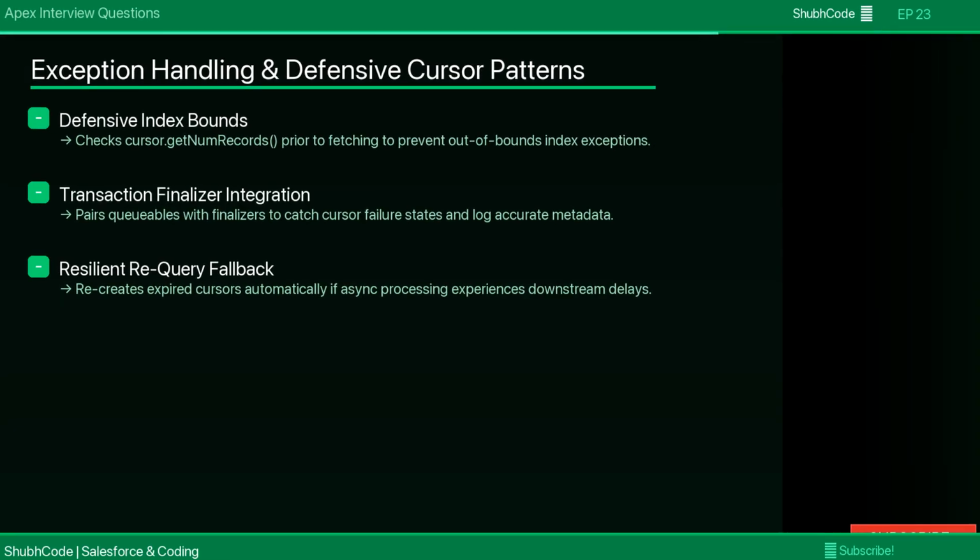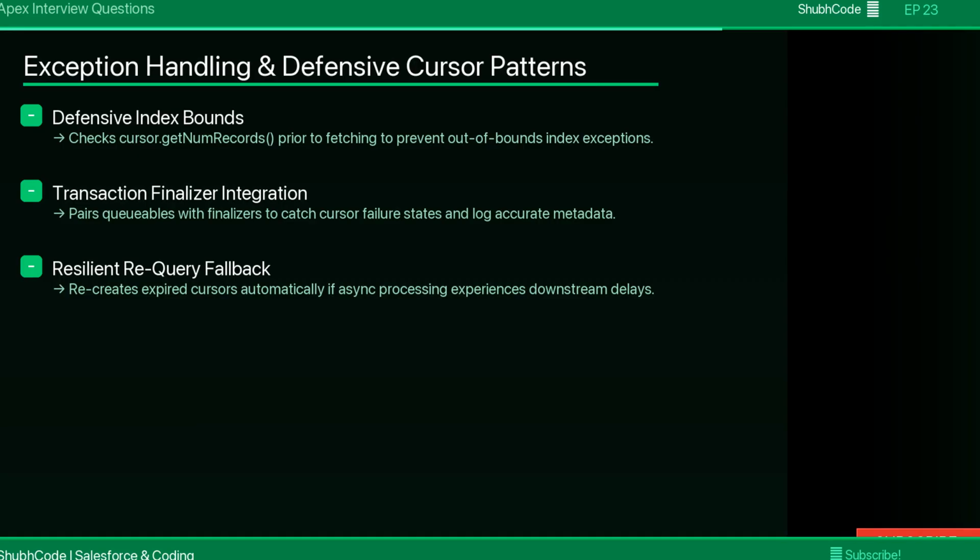When building enterprise integrations or background processors with cursors, robust error handling is required. Always wrap cursor fetch invocations inside try-catch blocks specifically targeting CursorException. If an exception occurs, record the failure using custom logging frameworks or transaction finalizers before retrying.